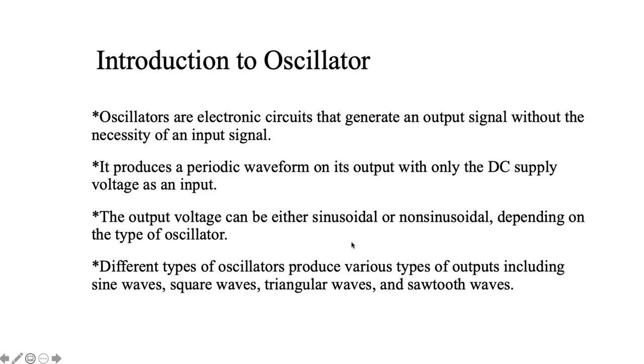Introduction to oscillators. Oscillators are electronic circuits that generate an output signal without the necessity of an input signal. Basically, oscillators accept a DC voltage and generate a periodic AC signal of the desired frequency, and they can generate frequencies from a few hertz to even gigahertz.